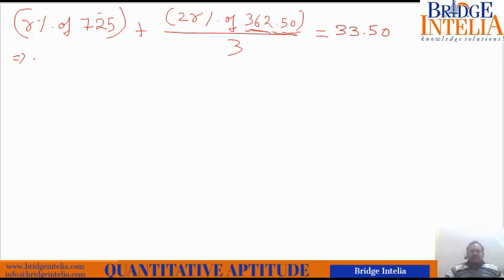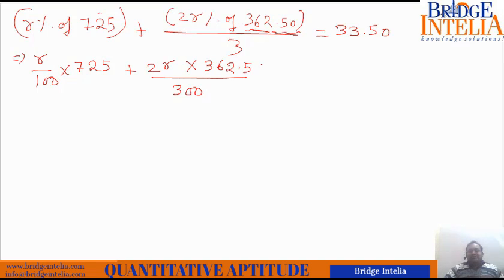So R percent, R by 100 into 725 plus 2R percent. So 2R by 100. So if 100 comes down, it becomes 300. So 2R by 300 into 362.50. So this is equal to 33.50.